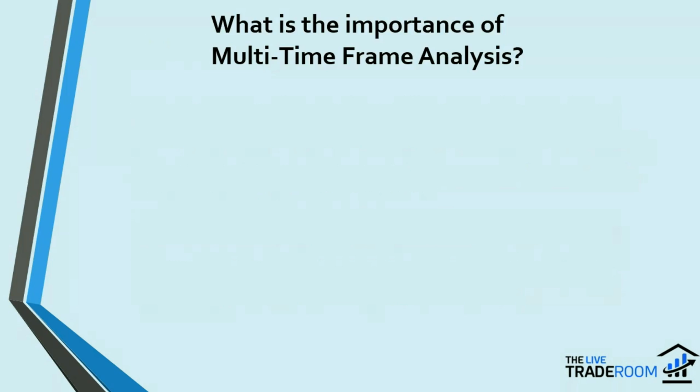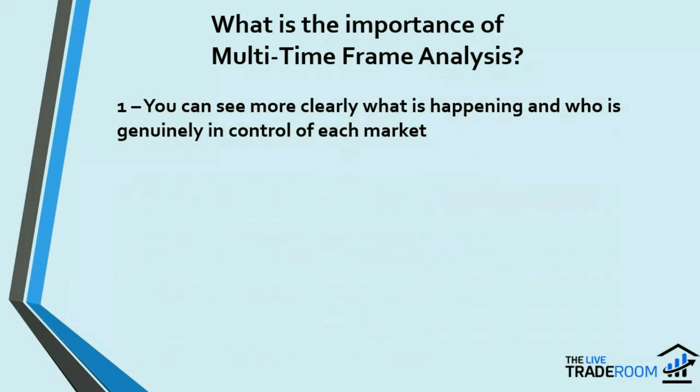So just before I go and explain all of these markets individually, why do we look at multi-time frame analysis? Well, there's a number of reasons for it. Firstly, you can see more clearly what is happening and who is genuinely in control of each market. And that's very important, because what we want to do is trade in line with the overriding directional bias in whatever market we happen to be trading.